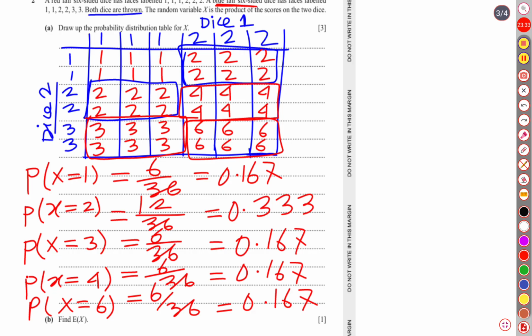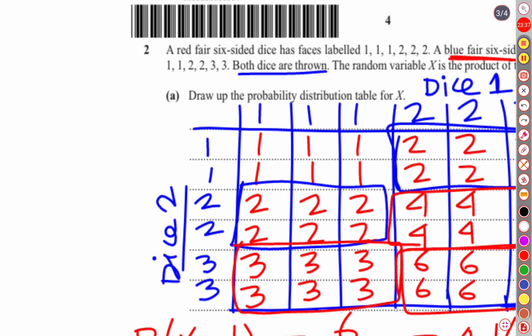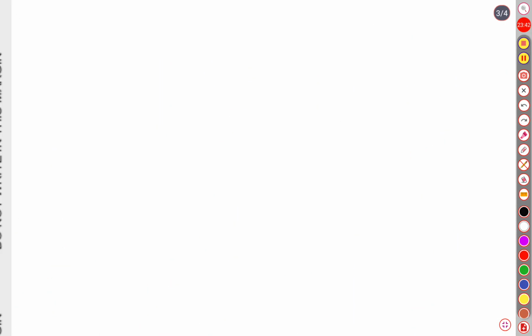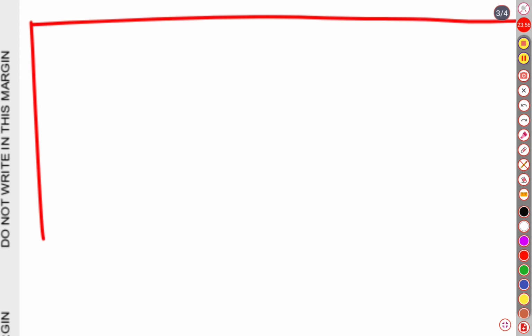Okay, now we will write the probability distribution table. So let me draw the table first of all. Then there are a total of 5 probabilities.